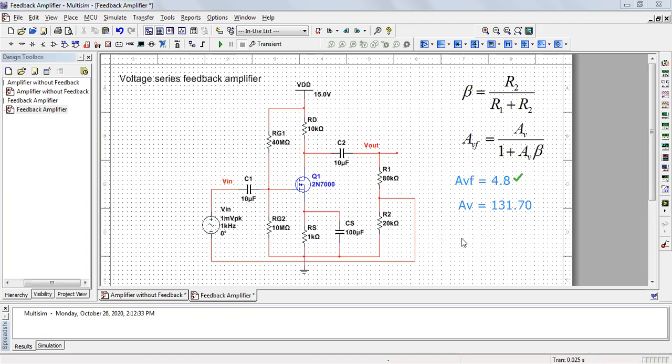Okay, the same thing you can perform by running the AC analysis, the AC sweep, also. So instead of transient, you can run an AC sweep, and from that also you can get the same value. Okay, let me very quickly show you.